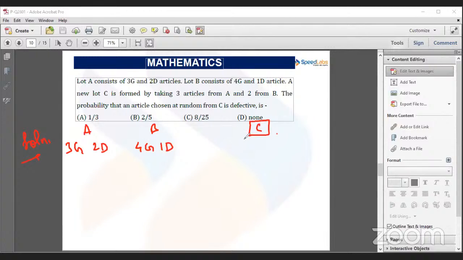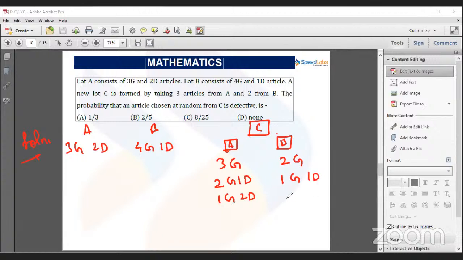Three from A and two from B. So from A, the total ways of getting articles are three good, two good and one defective, one good and two defective. And from B, two good, one defective, and okay, that's the case.